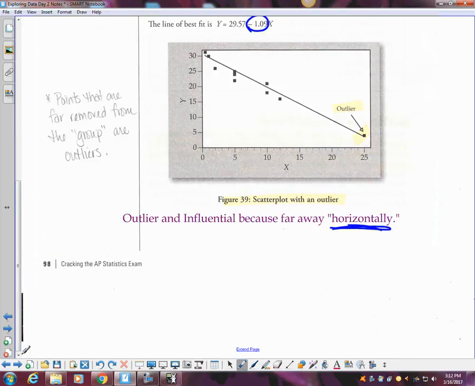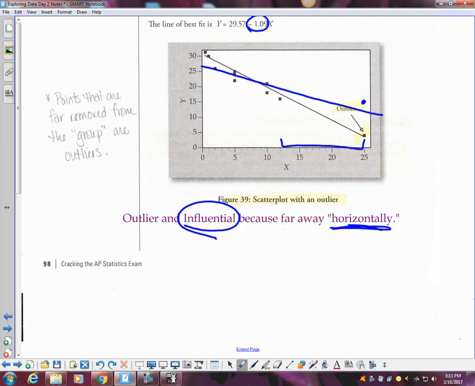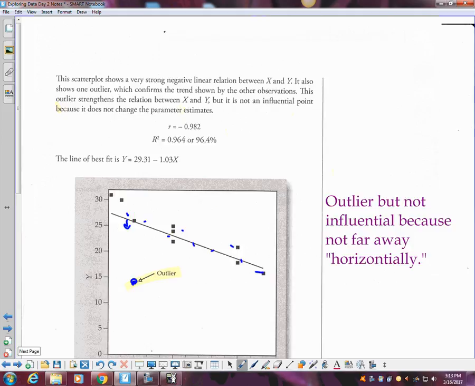If he's far away from the group horizontally, he is influential, because this line has got to go way out here just for that one point. So if he was up here, it would really affect my line. But if I'm just an outlier vertically, I don't have that drastic of a pull on where my line goes.